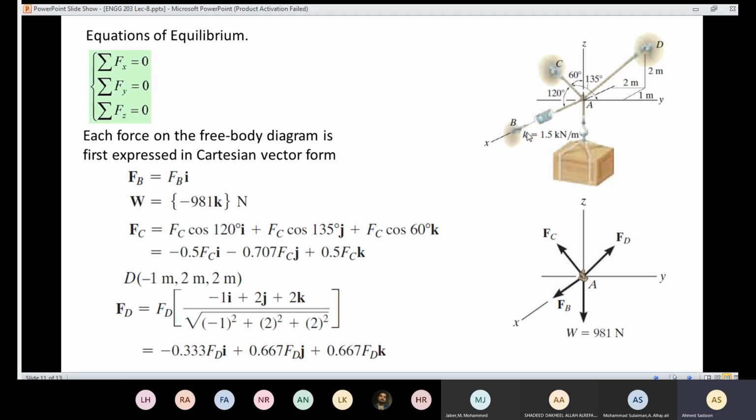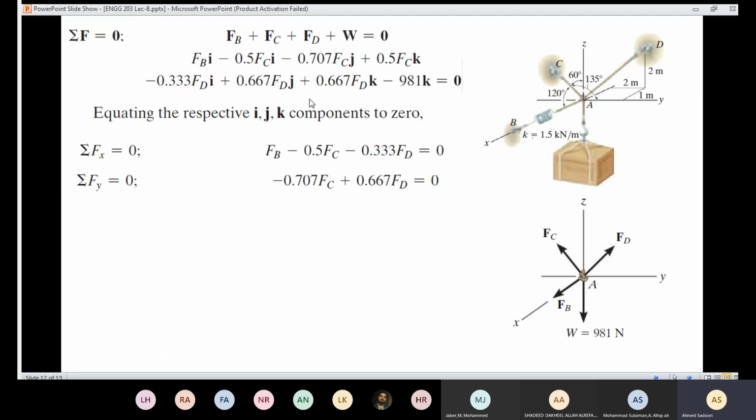And I'm going to equate the components of j to 0, and that represents the summation of Fy equals 0. And I'm going to equate the components of k, and that represents the summation of Fz equals 0. Now I have a system of 3 equations and 3 unknowns.